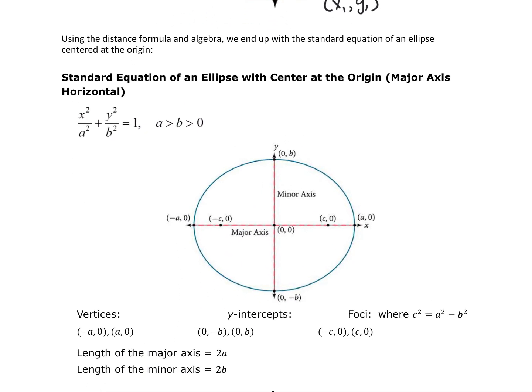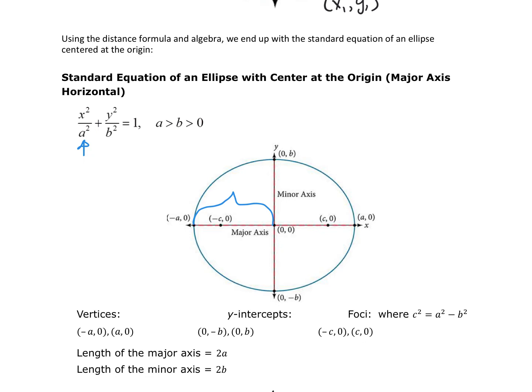So if we have our center at the origin and the major axis is along the x-axis, then the larger number has to be underneath the x squared. And the major axis distance, that number that's underneath the x squared, if I take the square root of it, that is the distance I travel from the center to a major vertex.